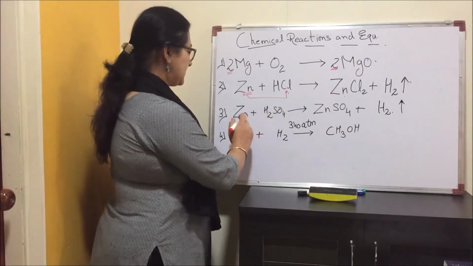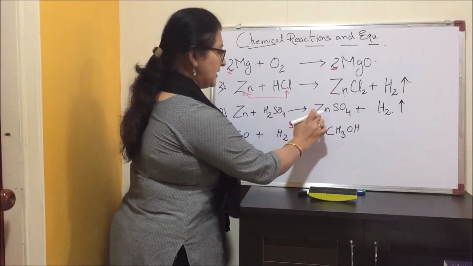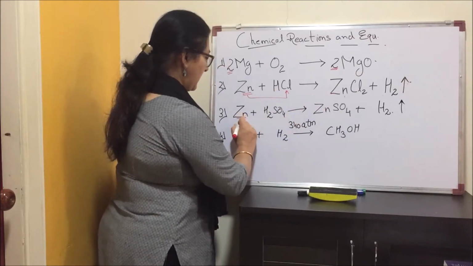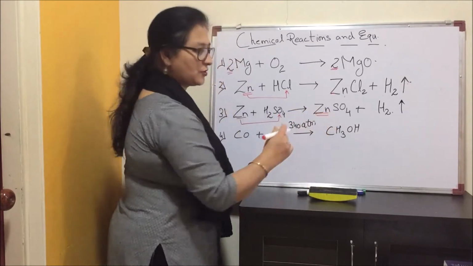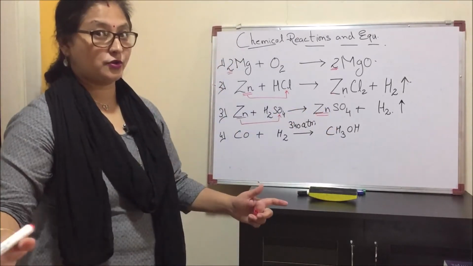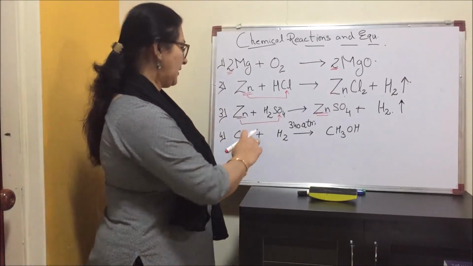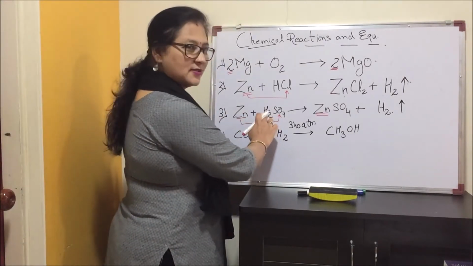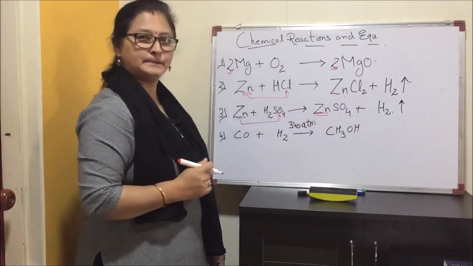So let's start. Zinc plus H2SO4 gives ZnSO4. Now, because this is a revision class, I can ask random questions also, on whatever I have taught in our previous session. So you can see the hydrogen is replaced by zinc.